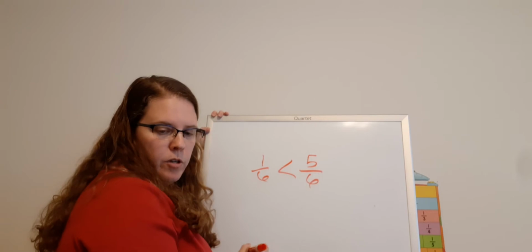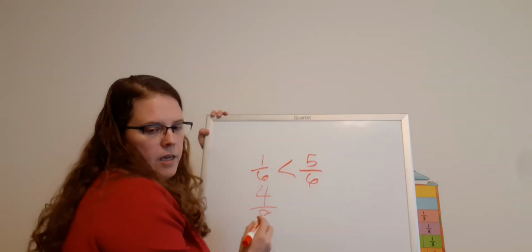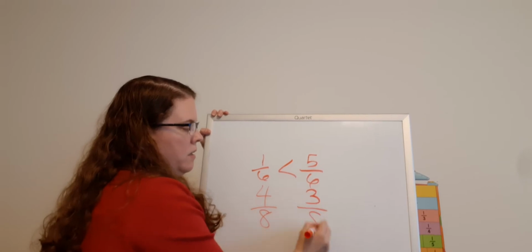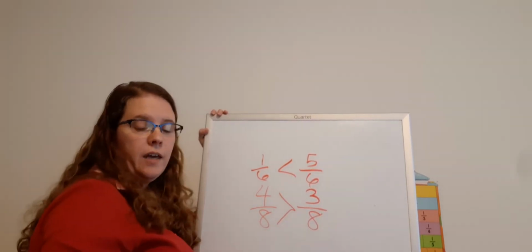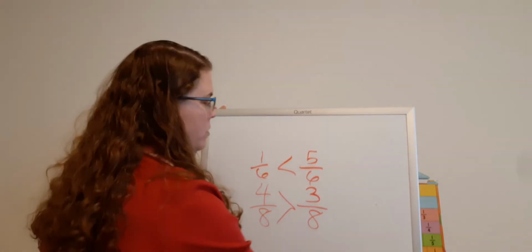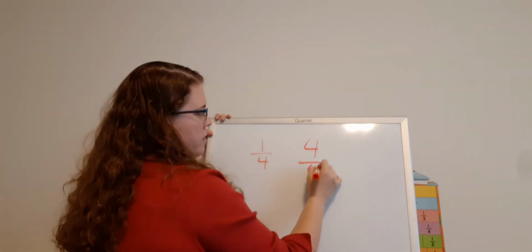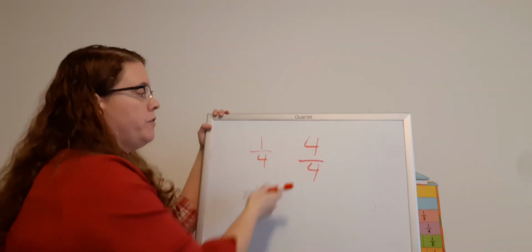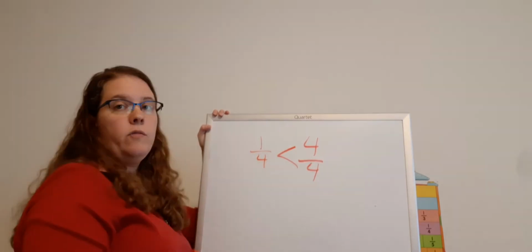All right, let's do a couple of these together. So number 2, 4/8 and 3/8. So 4/8 is, yeah, very good, greater than 3/8. I'll do a couple more together, and then I'm going to have you do some on your own. 1/4 and 4/4. So 1 is less than 4, right?